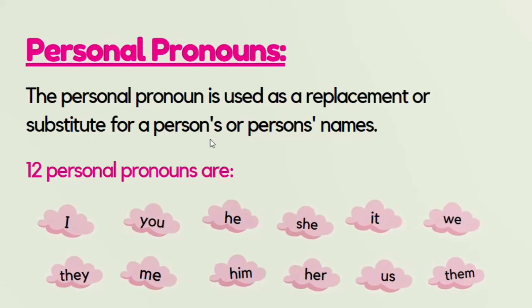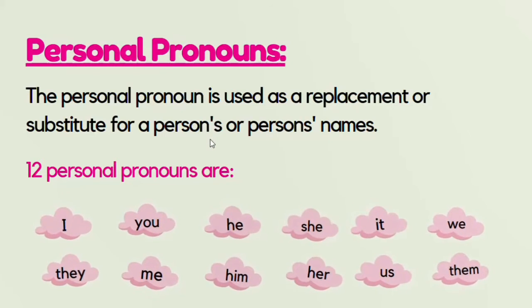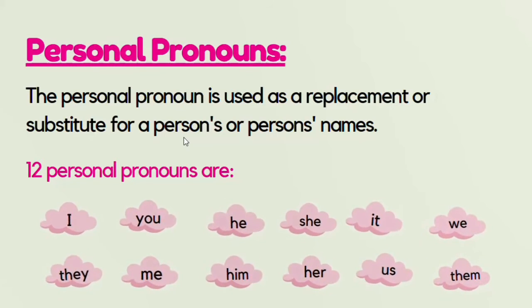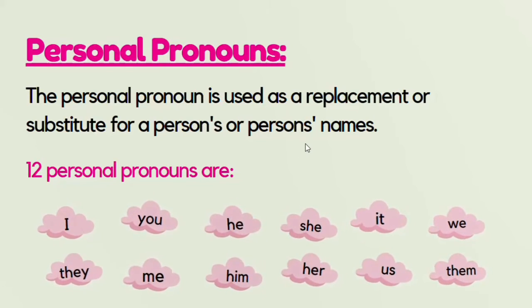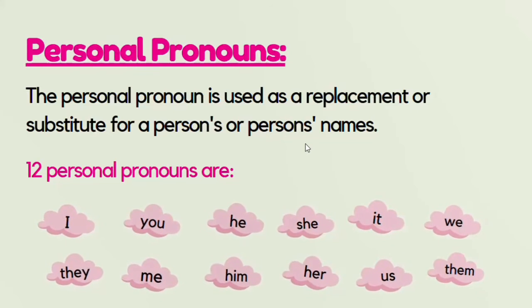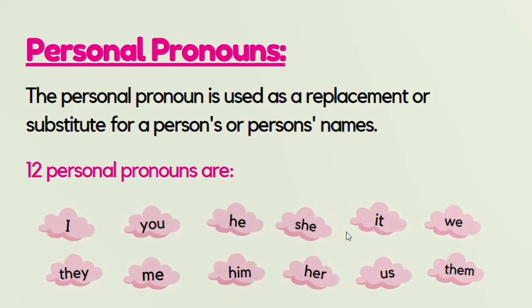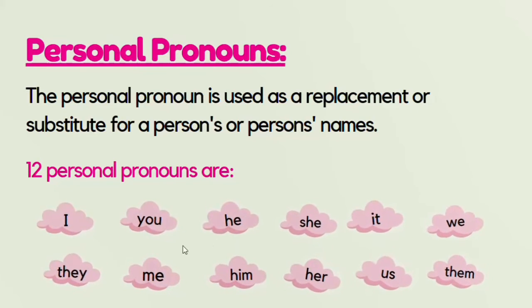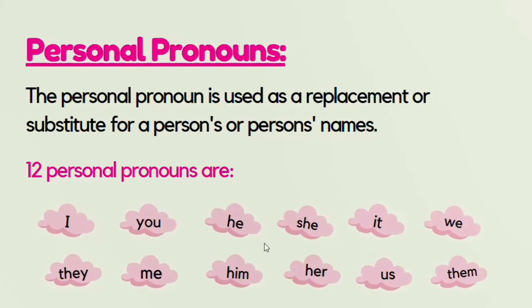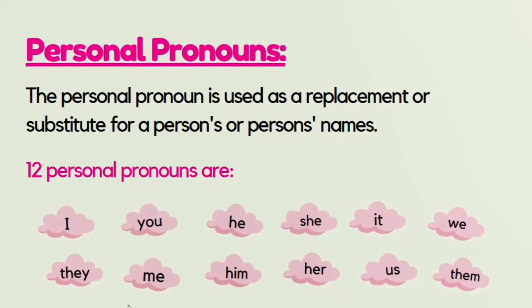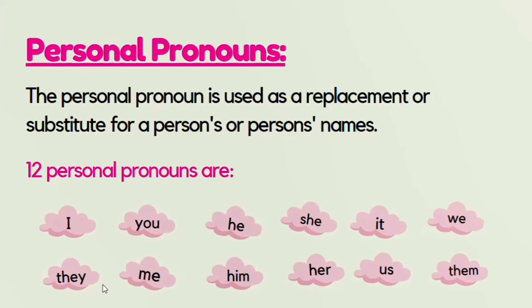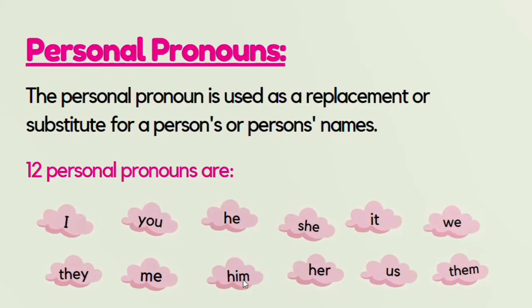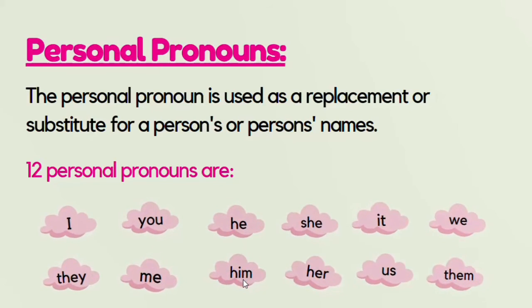You can replace a single person's name with a personal pronoun, as well as the names of many people. We have 12 personal pronouns in English: I, you, he, she, it, we, they, me, him, her, us, and them.